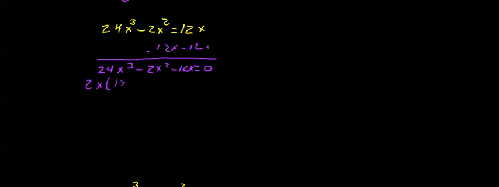But it's 12x squared minus x minus 6. My factors of 12: 12 and 1, 6 and 2, 3 and 4. And my factors of 6: 6 and 1, 2 and 3.